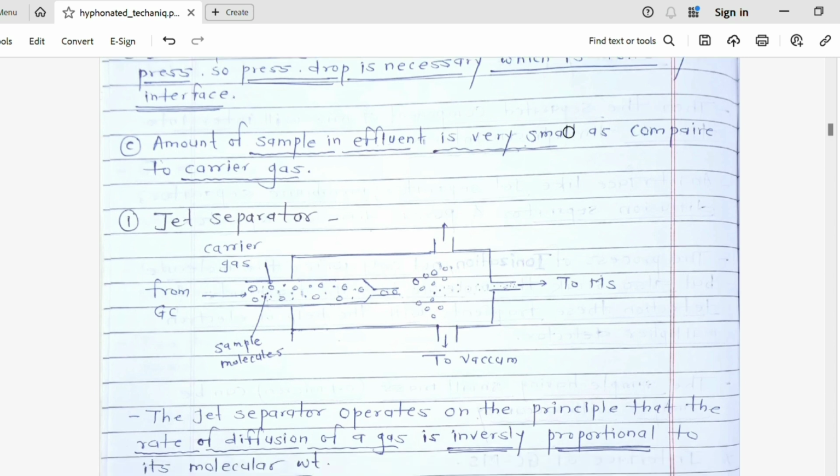When the sample is analyzed in gas chromatography and passes through the interface, the remaining carrier gases are removed by the vacuum.